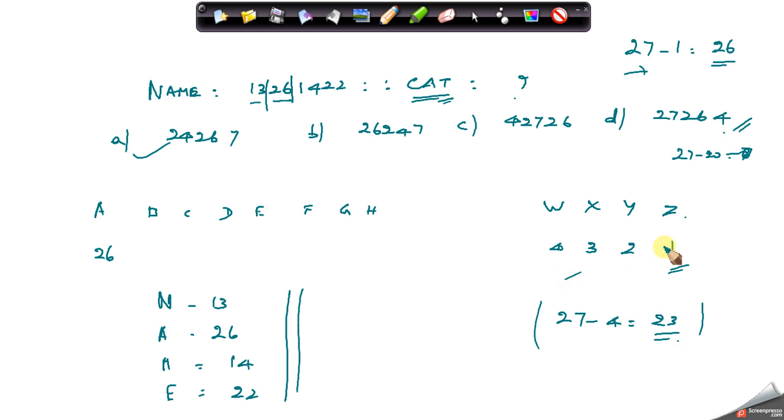So don't confuse this. The point is that you need to put down the reverse one. You can write it on your paper itself and then find it. Don't confuse these things. There is no need to bypass all this. Just assign a number to each and every alphabet, and then you can work it out accordingly.